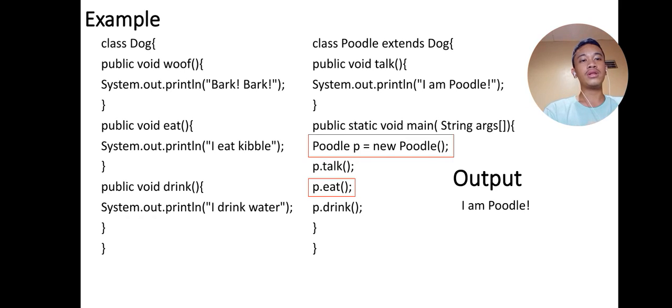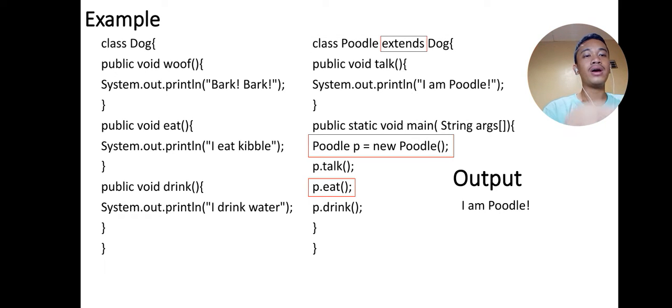So it will call Poodle p equals new Poodle, and it will trigger our class Poodle. So as you observe, the code under our class Poodle has no eat method.